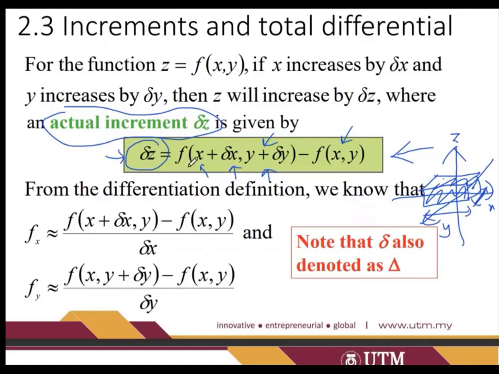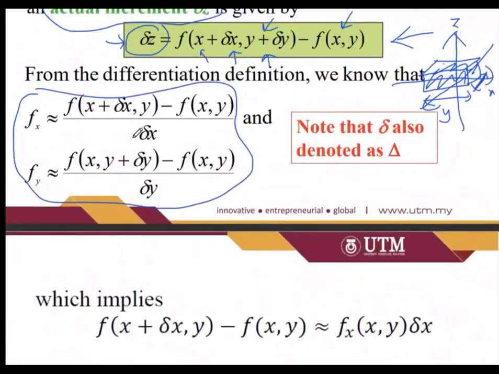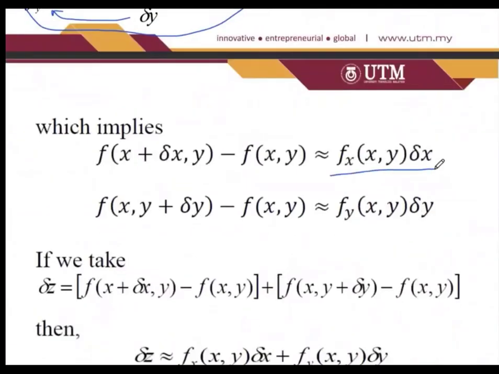Actually, the formula comes from the definition of differentiation, which you already learned in chapter 2 part 1, so I won't explain it again. From the definition, you will multiply this, and then for del y, you will multiply this. You see? That's why you get fx del x, fy del y.